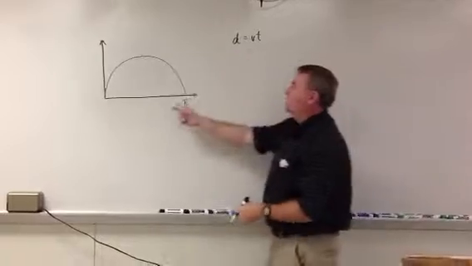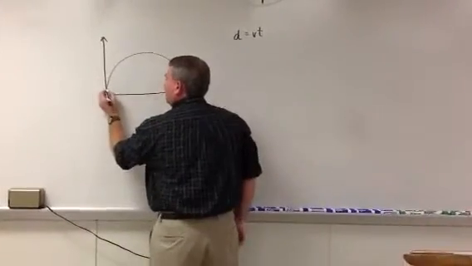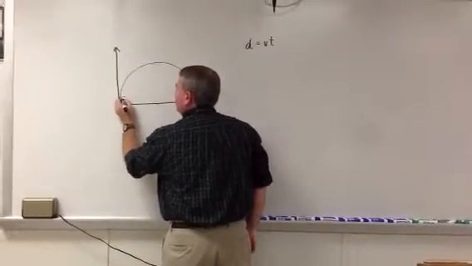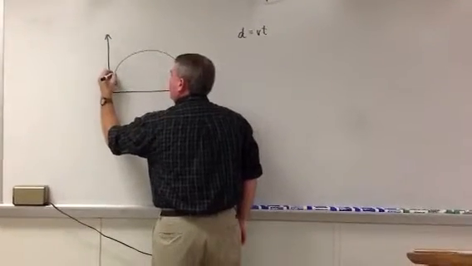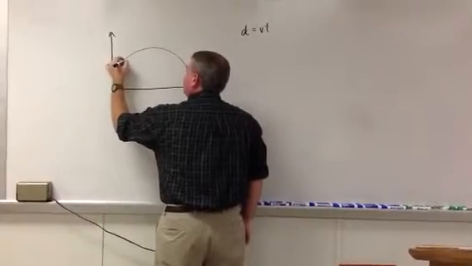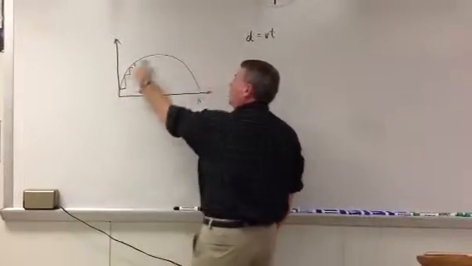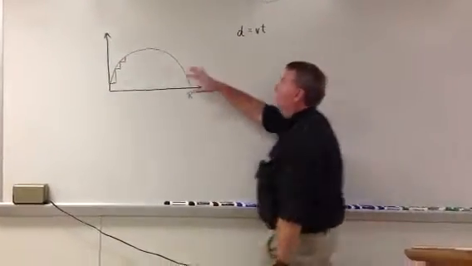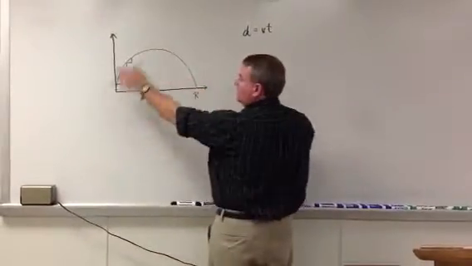Now, in the x direction, the magnitude of the vector doesn't change. So it's going to move over the same amount each time, and it's going to move up less each time as you go up the parabola, the projectile motion curve.